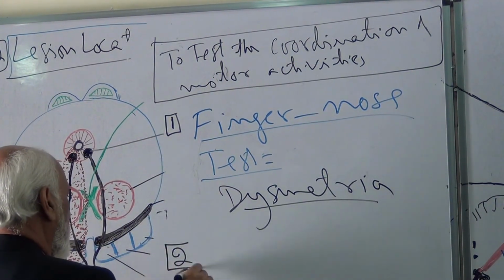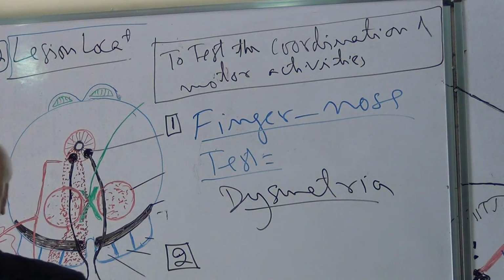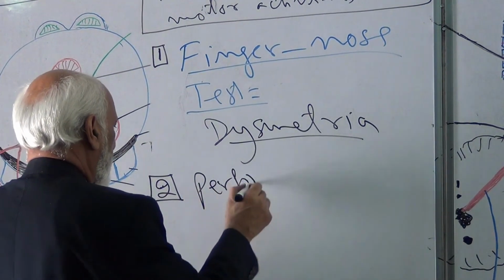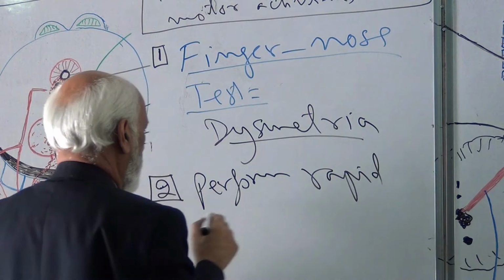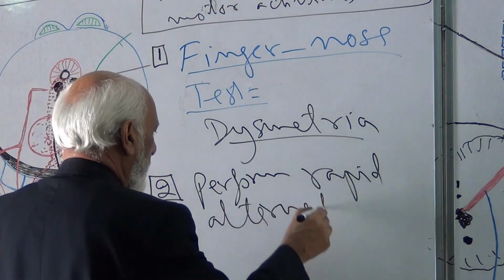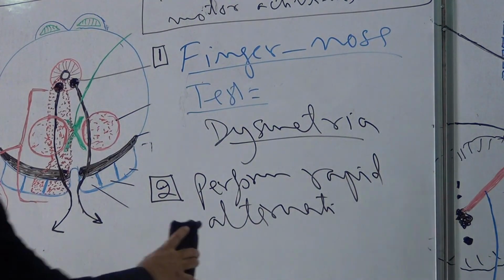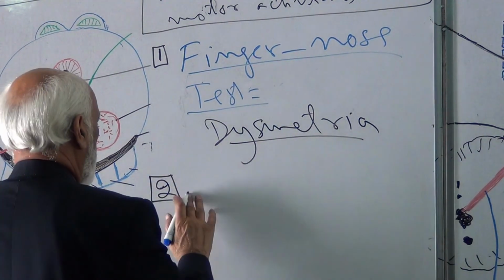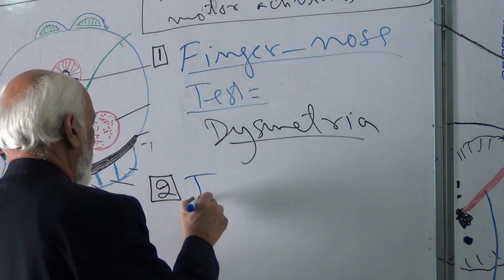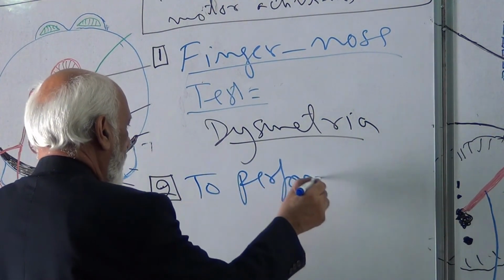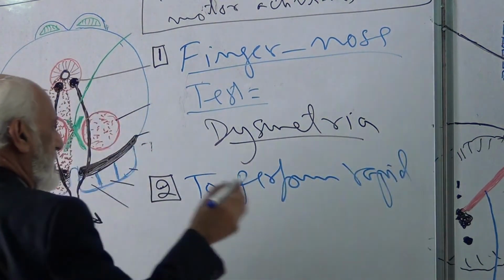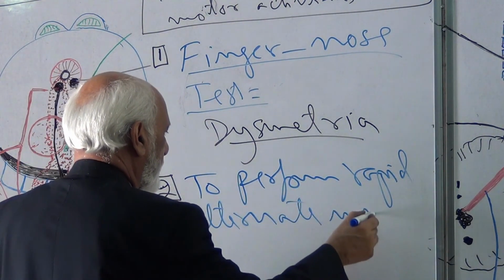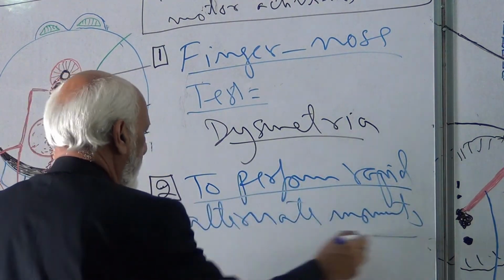And number two, the other test. You ask the patient to perform rapid alternate movements.